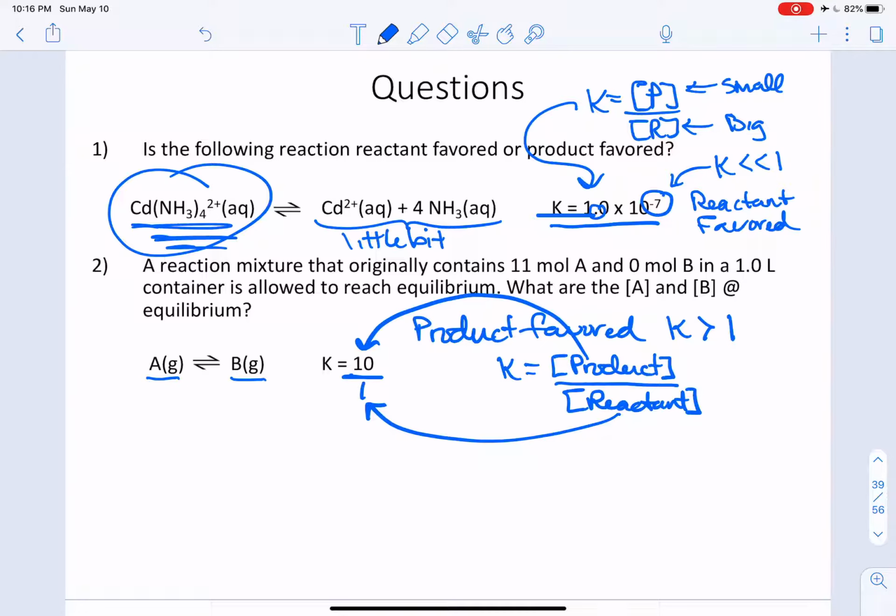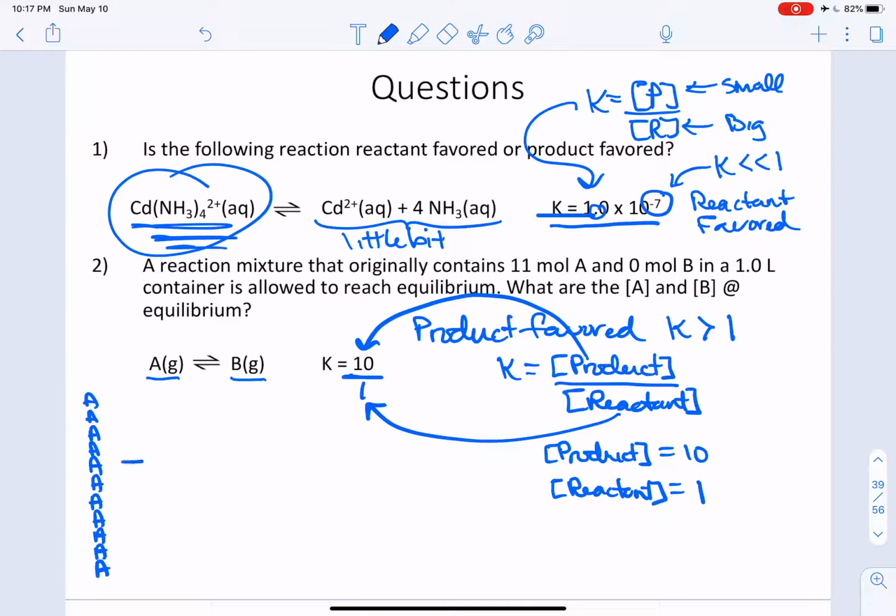So what we have is the concentration of product at equilibrium is 10, and the concentration of reactant at equilibrium is 1. And if I draw it out in picture format, I've got 11 A's there.